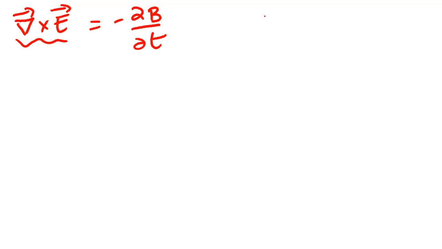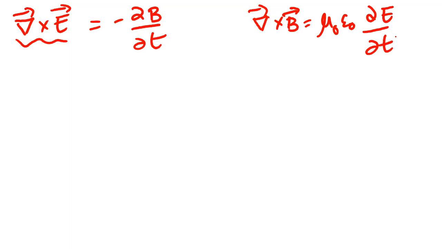And similarly, spatial variation in the B field gives you a time varying electric field. This mu naught is the magnetic permittivity, and this epsilon naught is the electric permittivity.